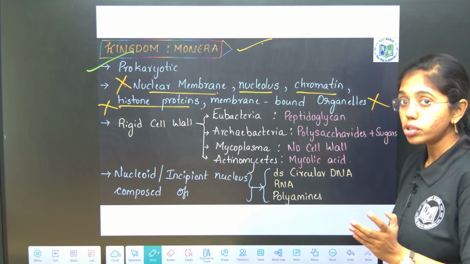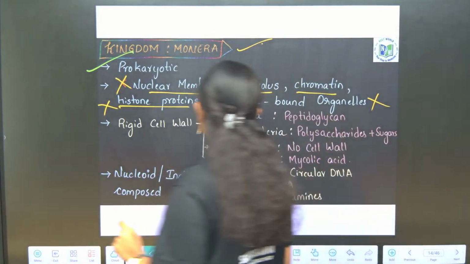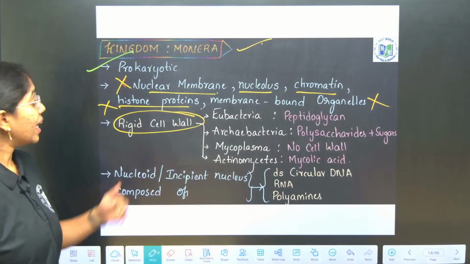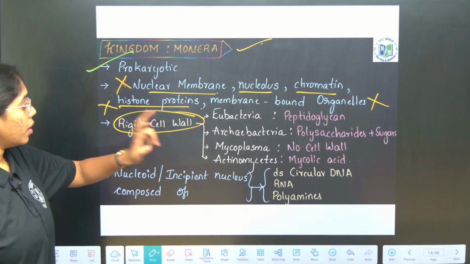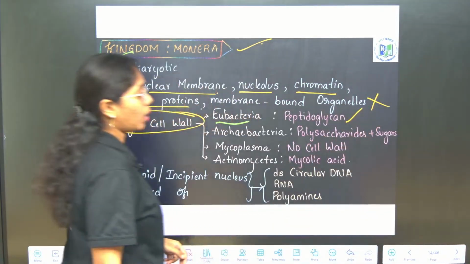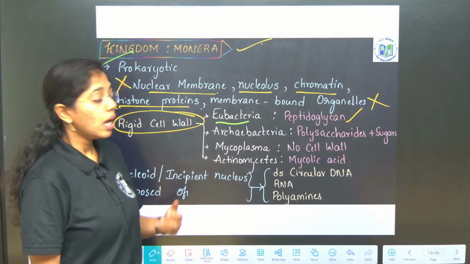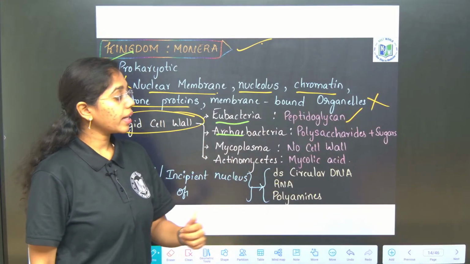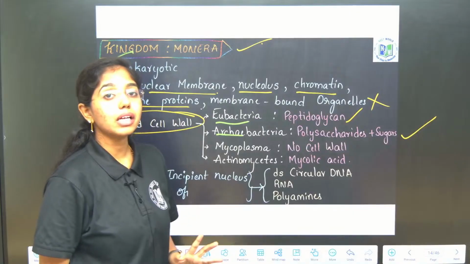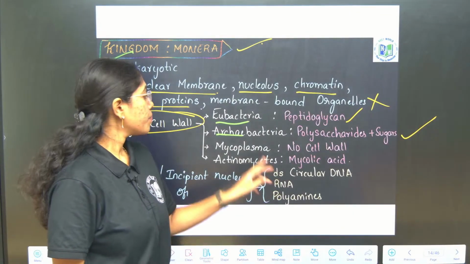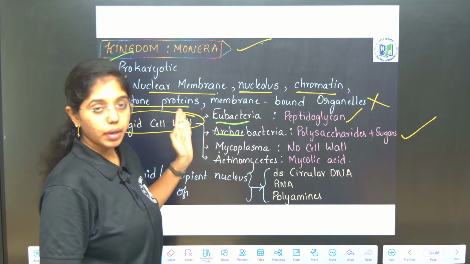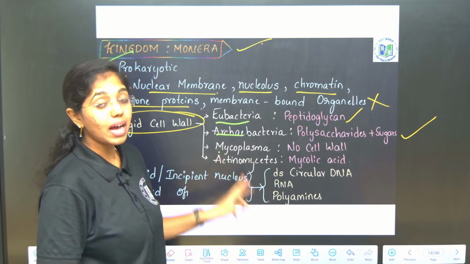A rigid cell wall is present, and its composition is different in different classes of the Monera. In Eubacteria, the cell wall is composed of polysaccharides and amino acids, which is peptidoglycan. Archaebacteria possess polysaccharides and sugars, and the cell membrane consists of branched chain lipids. The third class of kingdom Monera includes mycoplasma.